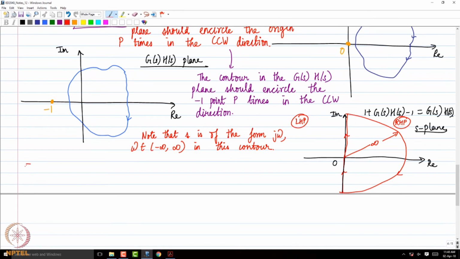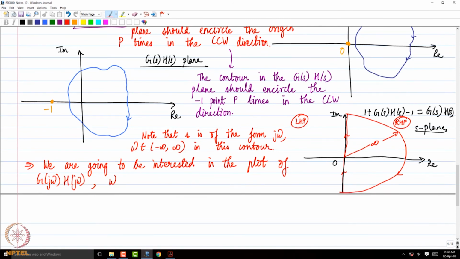So this implies that we are going to be interested in the plot, rather than saying g of s h of s, because s is of the form j omega, of g of j omega h of j omega as omega varies from minus infinity to plus infinity, right? And what is this plot called? The Nyquist plot of the open loop transfer function, right?